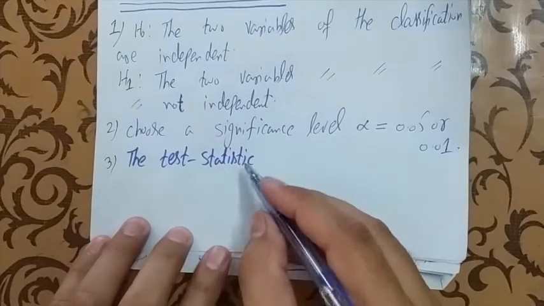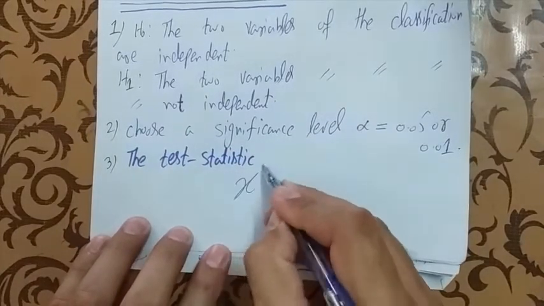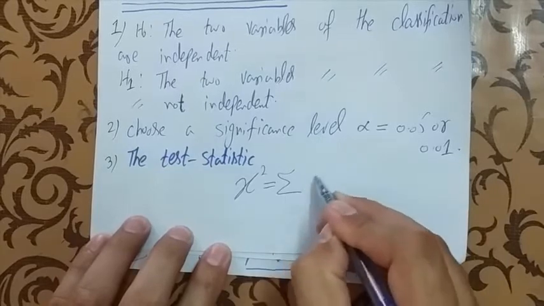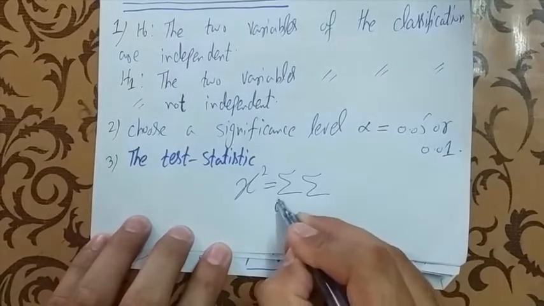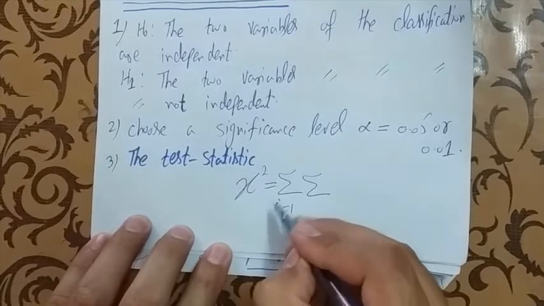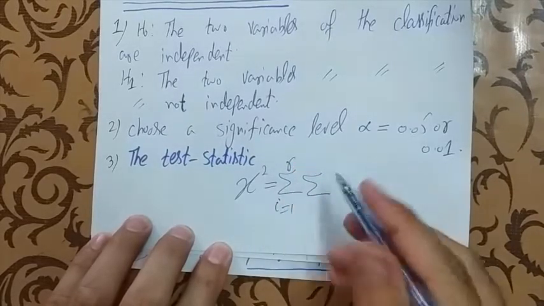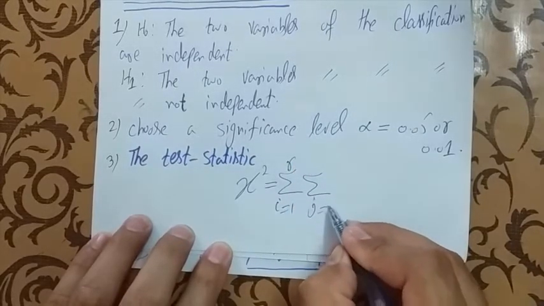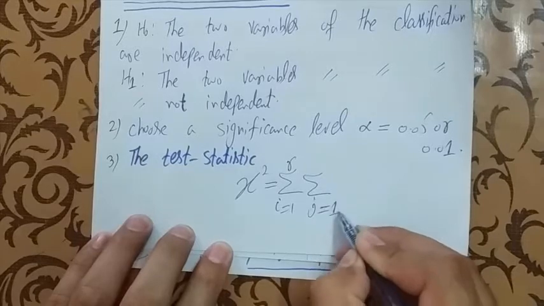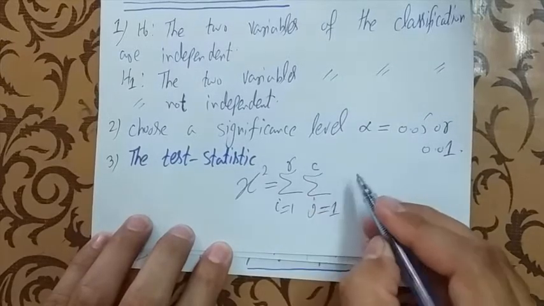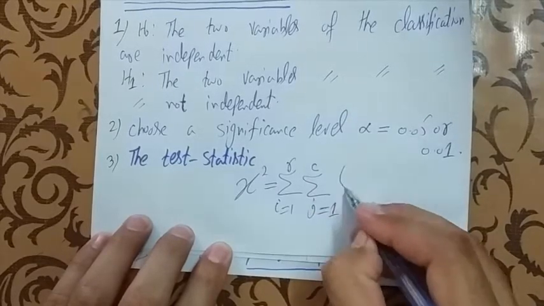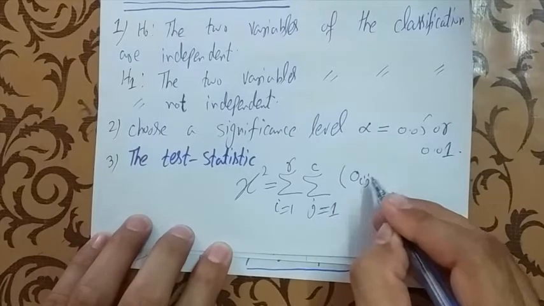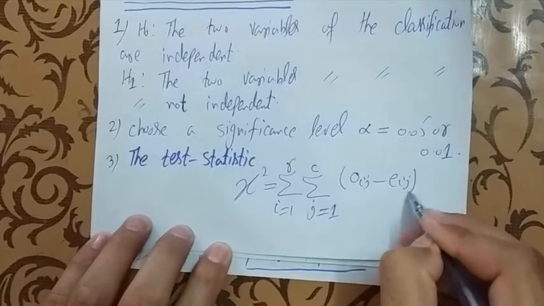For the contingency table, chi-square is equal to the summation, where i shows the number of rows, i from 1 to r, and j from 1 to c for columns, of (Oij minus Eij) squared divided by Eij.